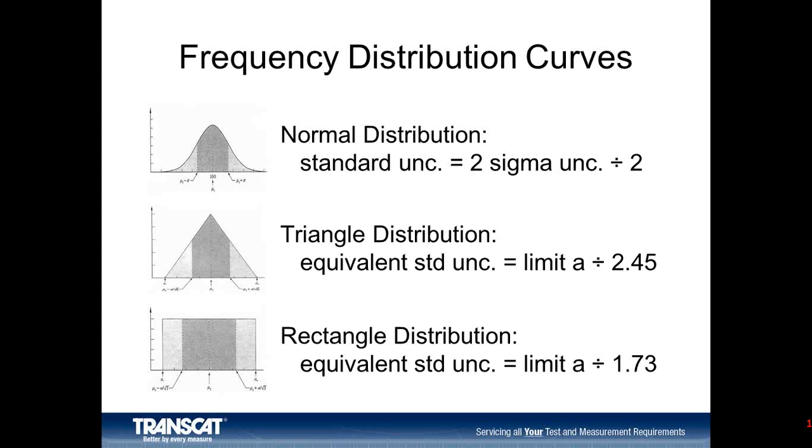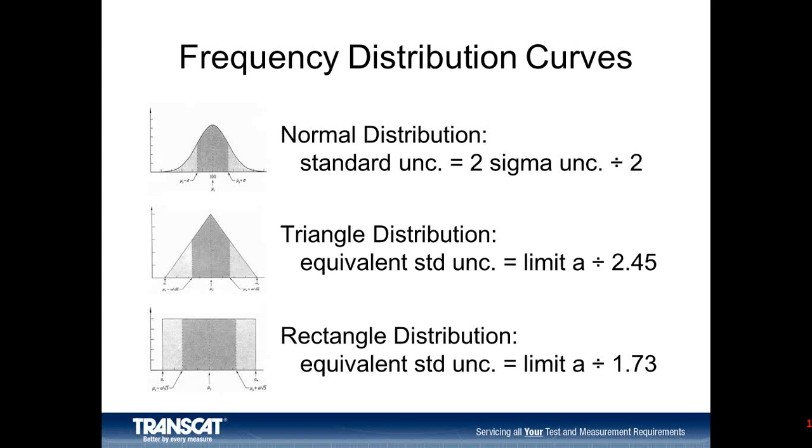If that number is stated at 95%, then we simply divide by 2 to get the standard uncertainty. If the parameter that we're evaluating is believed to have a triangle distribution, and we have the upper limit and the lower limit identified, then the equivalent standard uncertainty is found by dividing that limit by the square root of 6, which is about 2.45.